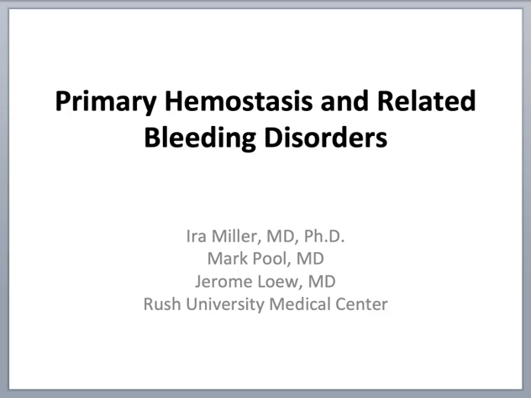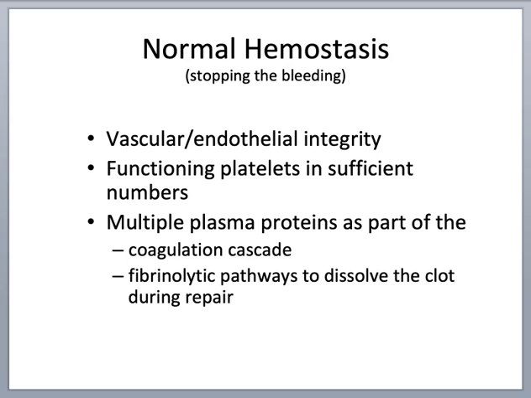So here we go. For normal hemostasis, there are three fundamental elements that are required. First of all, the blood vessel has to be integral. That means that the endothelial lining of the vessels has to be intact, and the blood vessel itself also needs to be intact. Secondly, you need functioning platelets, and you need platelets in sufficient numbers to form clots when needed.